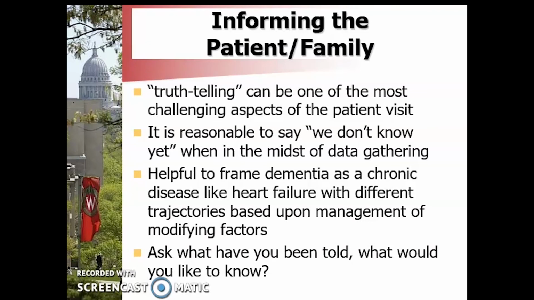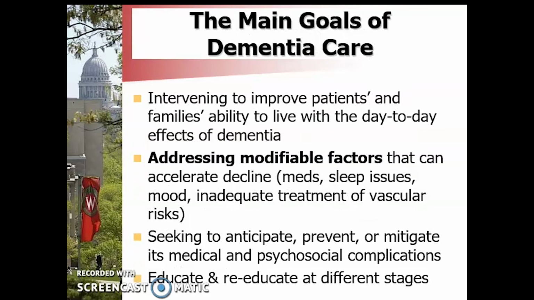With regards to the basic principles of dementia care or a dementia care plan, in the end, we're trying to help the patient and family live the best that they can with a serious illness.